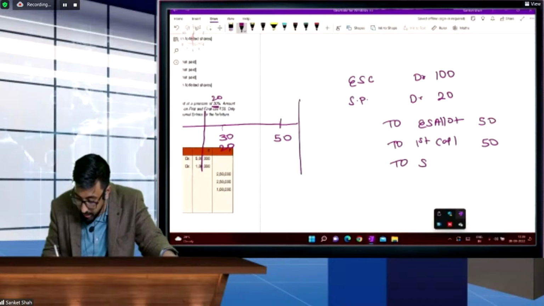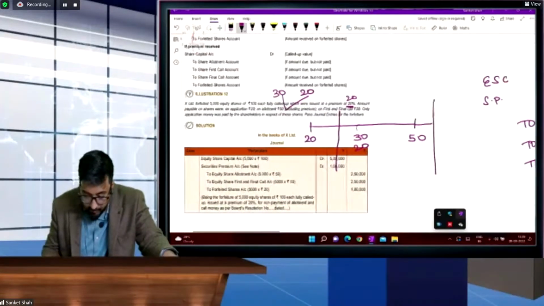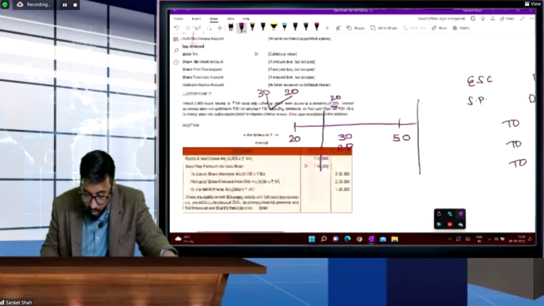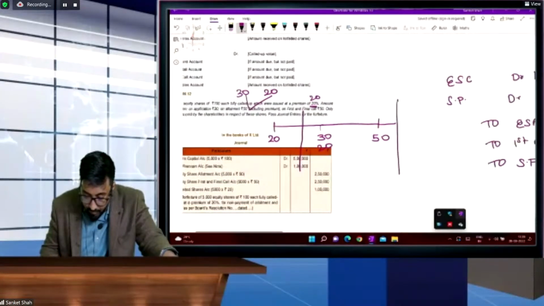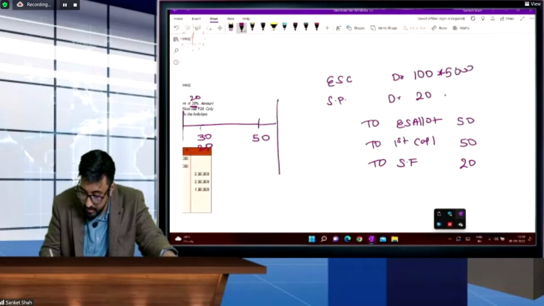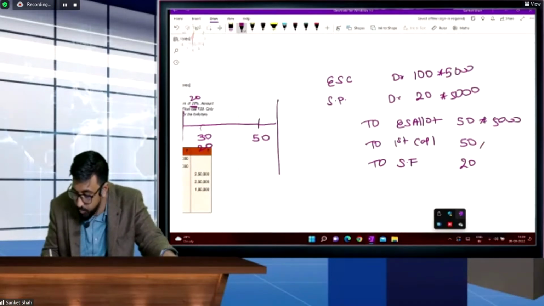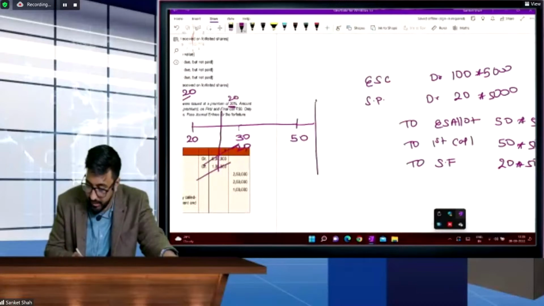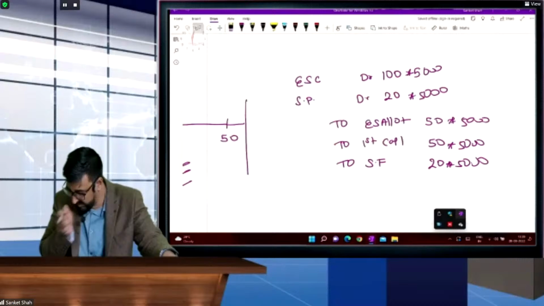And to shares forfeited is the collected amount, face value 20 into how many shares? 5,000 shares. Think for one share always. Think for one share. You will get the answer. 5 lakh, 1 lakh, 250, 250, 1 lakh. Over.